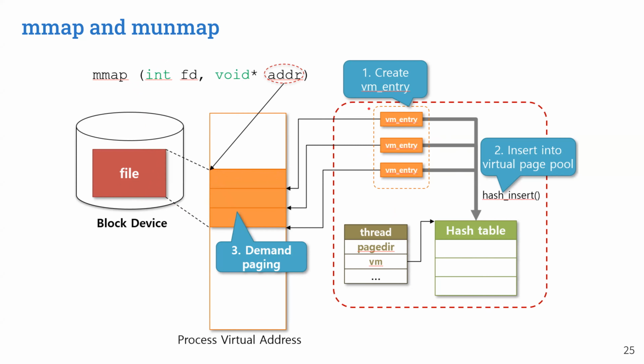Then you should make a VM entry for each page, dividing the file, and you should enter these pages into the virtual page pool. This is what you learned from the last lab session. So you should insert these VM entries into the virtual memory hash table.